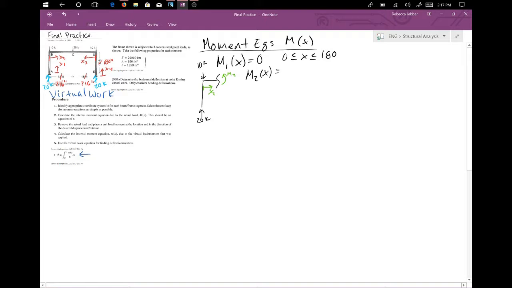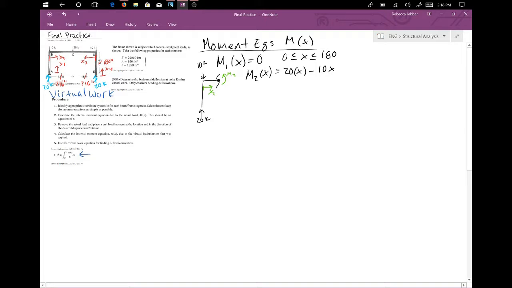Looking at this member, we would start out with 20 times x, this 20 in the bottom creating a negative moment at this point. And then we'll have a positive moment being created by this.